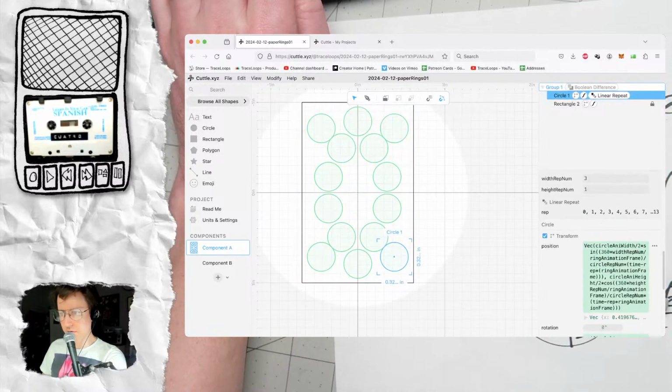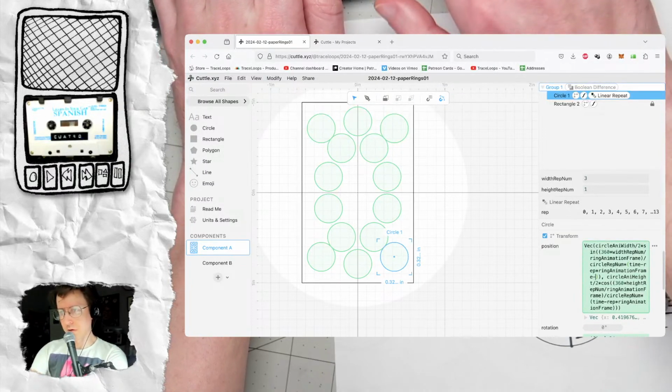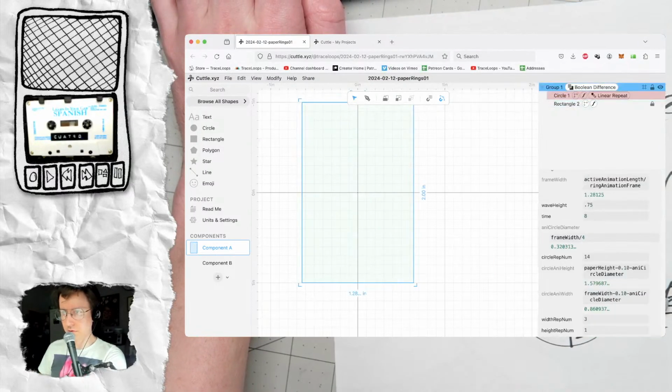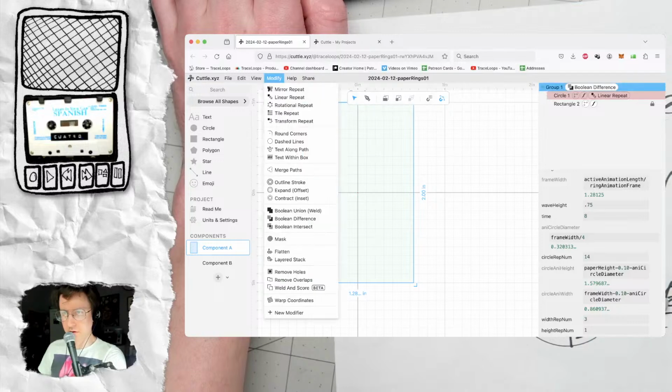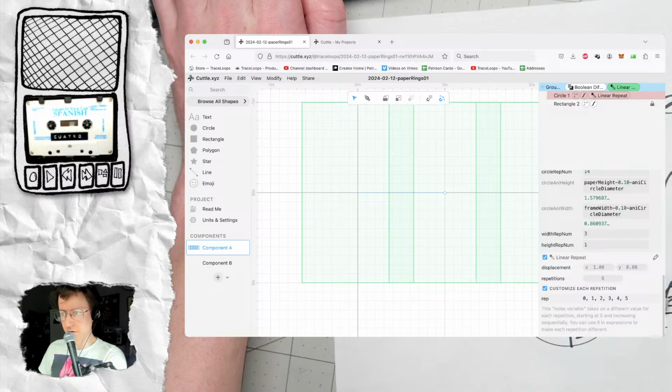Circle. Do not need this. Minus rep 2. It's going to say it doesn't exist because it doesn't currently exist. Modify linear repeat. Customize each rep 2.